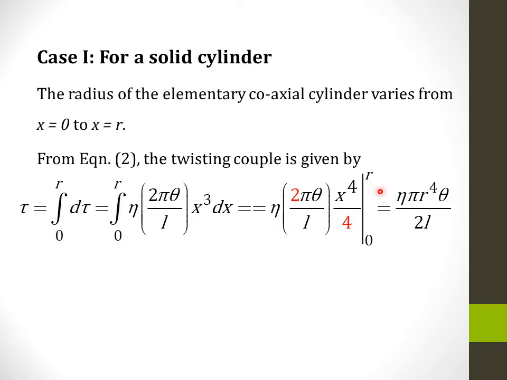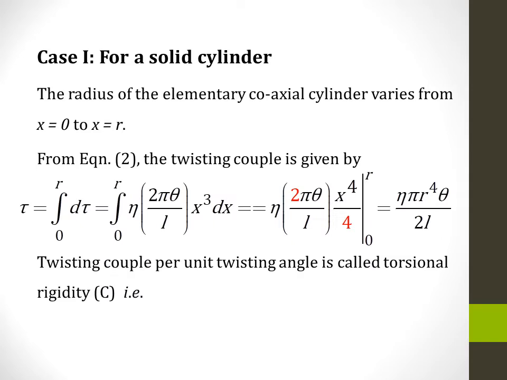When we substitute the limits, we obtain η π r⁴ θ by 2L. How we got this 2 here is, there's a 2 in the numerator, there's a 4 in the denominator. So on cancellation, we have 2 coming in the denominator.